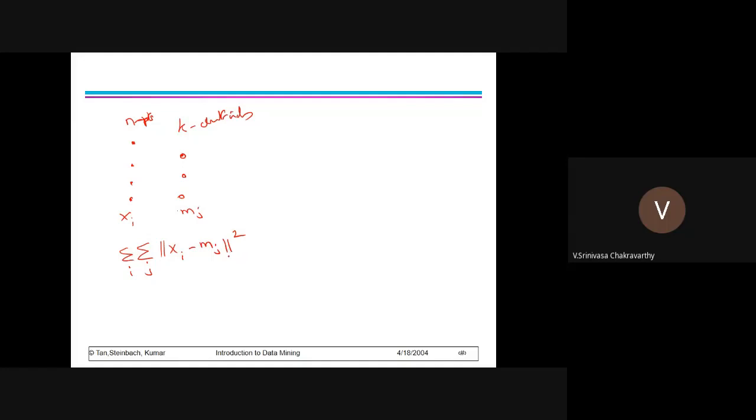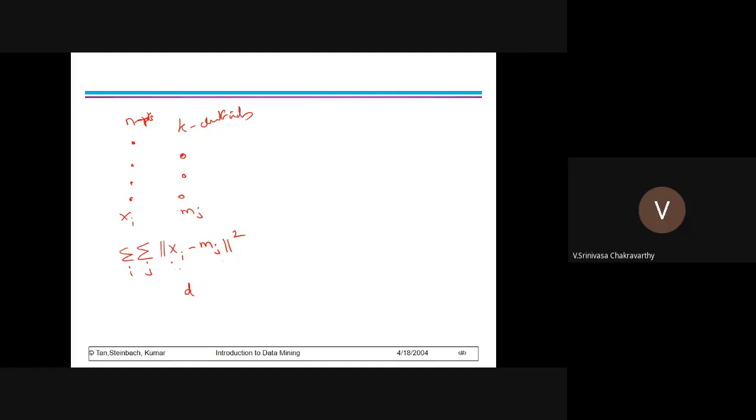And how many computations are involved in this? Each of these distance calculations involves d computations, because d is the dimension. The d computations of some difference calculation and square. That is what I mean by one computation.